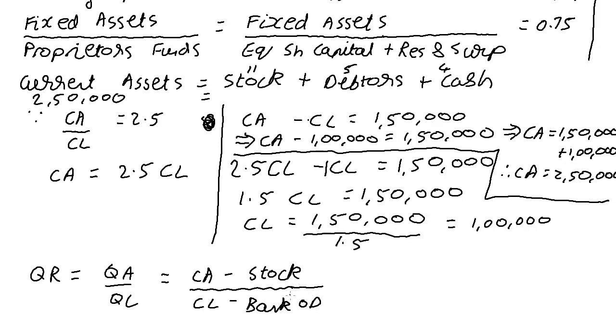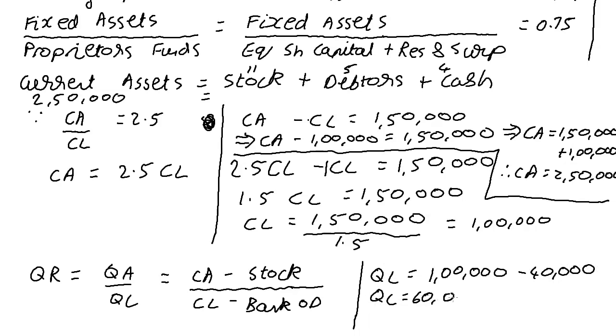And why am I getting into this? Because while we have the value for bank overdraft, we do not know what the other current liabilities are, but we can at least call them quick liabilities. So quick liabilities is equal to current liabilities, which is 1 lakh, minus the bank overdraft, which is 40,000. So we get quick liabilities as 60,000.